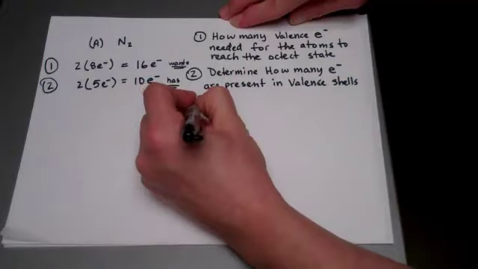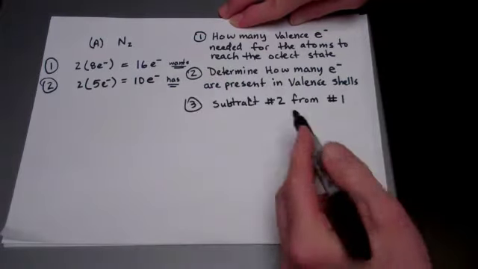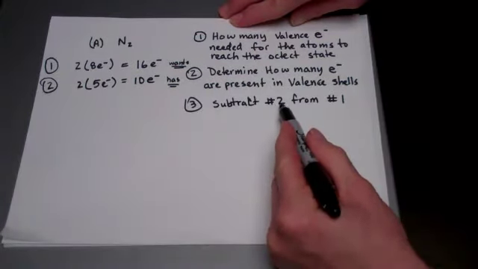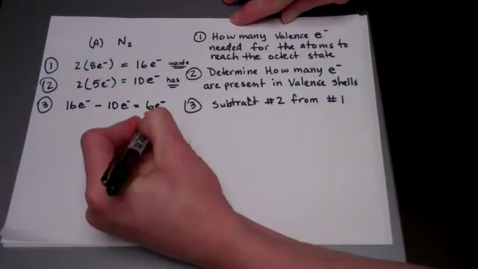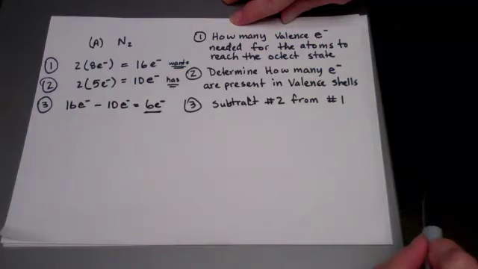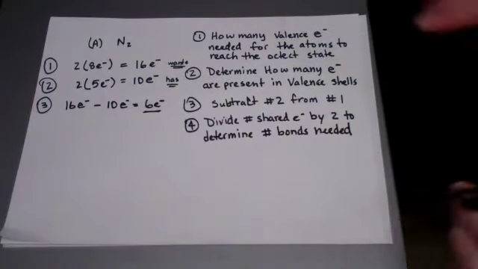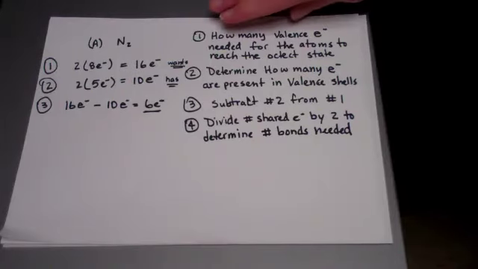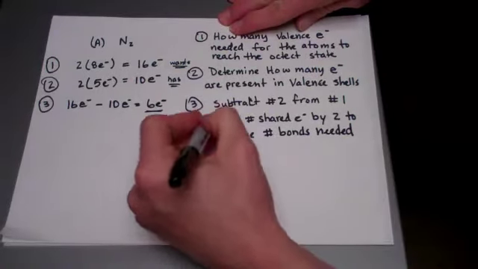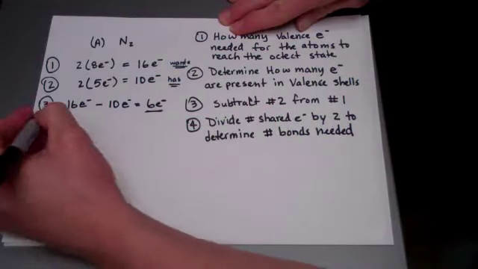So step 3, we subtract our answer for number 2 from number 1. So we need to share 6 electrons between these atoms. You divide the number of shared electrons by 2 to determine the number of bonds needed. Essentially you're dividing step 3 by 2.